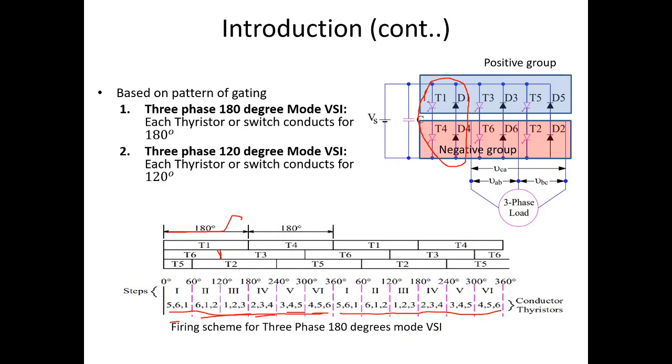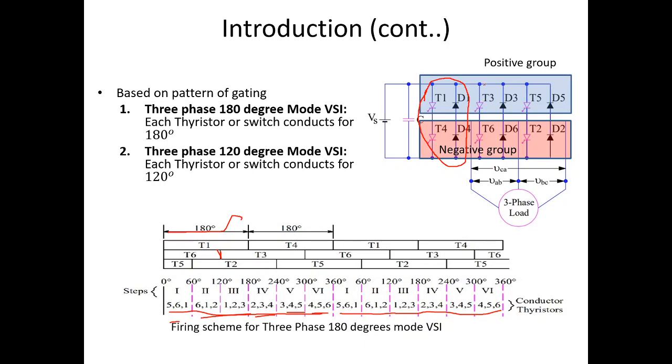If they conduct simultaneously, that leads to a dead short circuit of the voltage source. So when T1 is conducting, T4 must be off, and when T4 is conducting, T1 must be off. The same logic applies to the other phases.